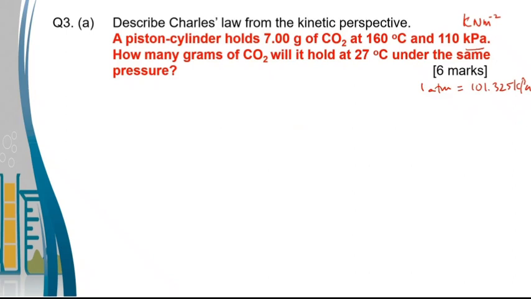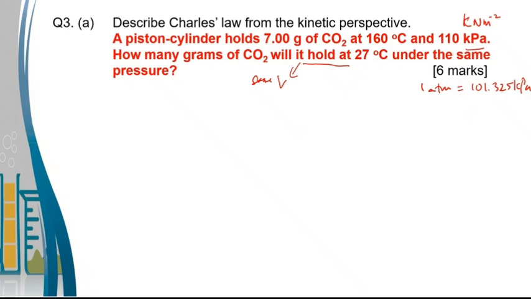If you look at the question, that means the volume is the same. How many grams of carbon dioxide need to be used in order for it to have the same volume and same pressure as well?